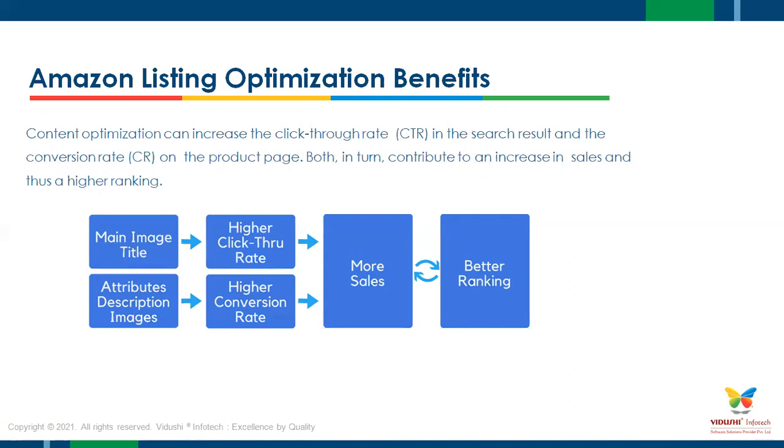This cycle continues. If you sell more, the rank gets better, and as the rank gets better, automatically your sales increase. So we have to focus on optimizing all the related attributes of our products like image, title, description, key features, and other backend keywords.